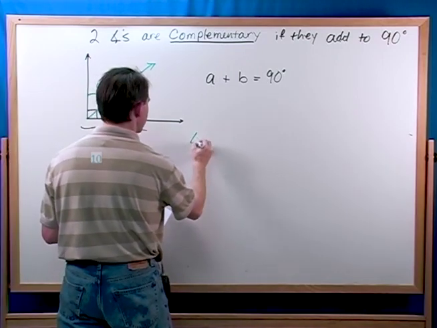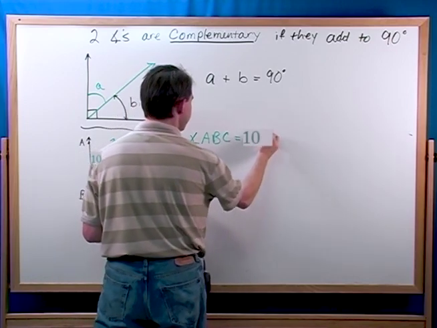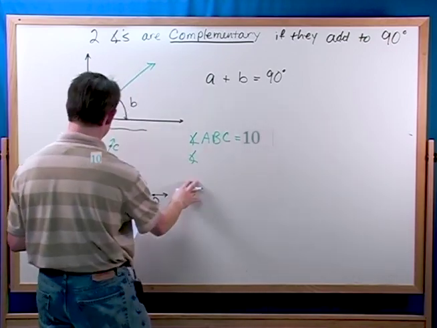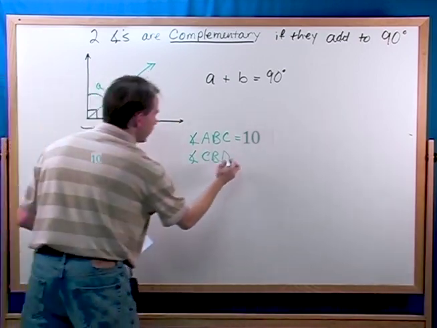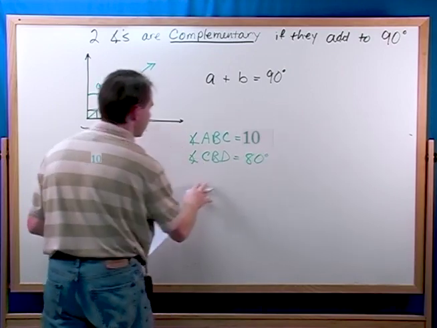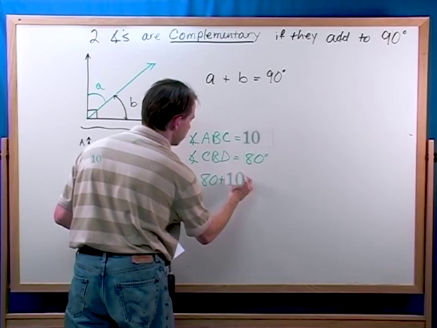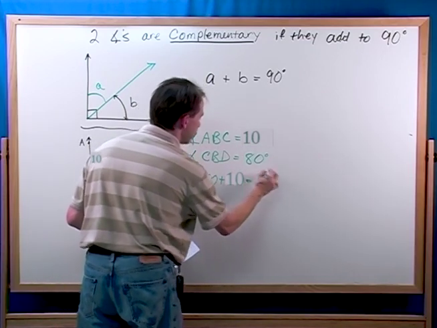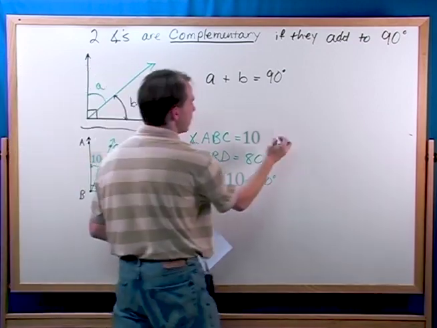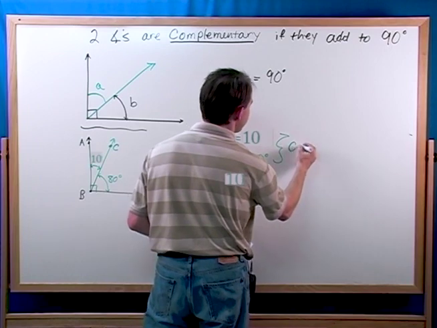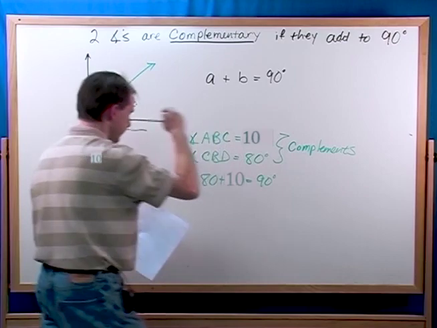Since angle ABC is equal to 10 degrees and angle CBD is equal to 80 degrees, and because 80 plus 10 equals 90 degrees, we say that ABC and CBD are complements of one another.